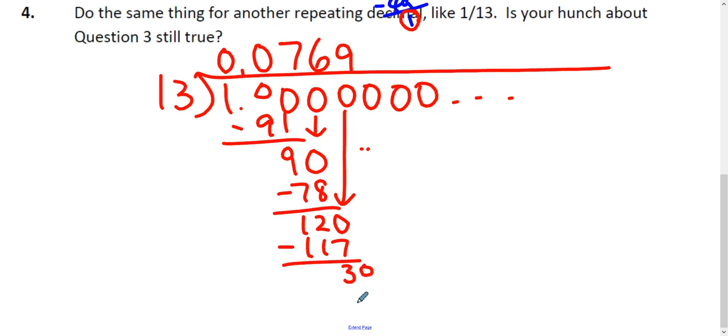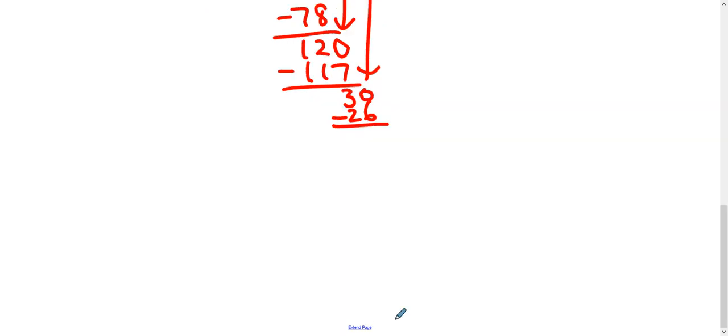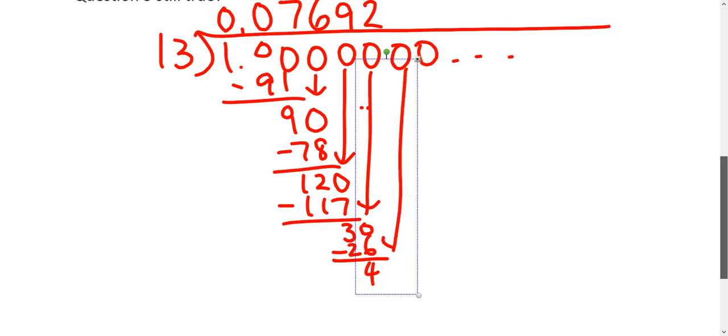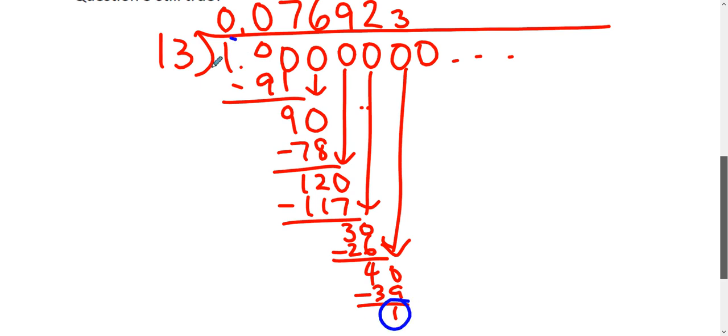Now I haven't seen a 3 before, so we'll bring that down, and that's a 2. We can do this. That's a 4. We haven't seen a 4 before. And then there's the 3, and then looky you. That is something we've seen before. And so now we know that this is the block that repeats.